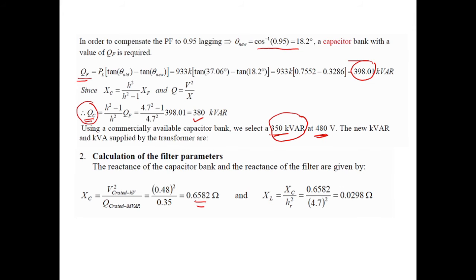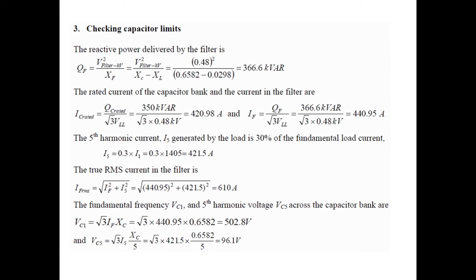XL is equal to XC over h squared, so that will give you the value of XL. Okay, so now we determine the size of the tuned filter. So what will be the component of XC? What will be the component of XL?